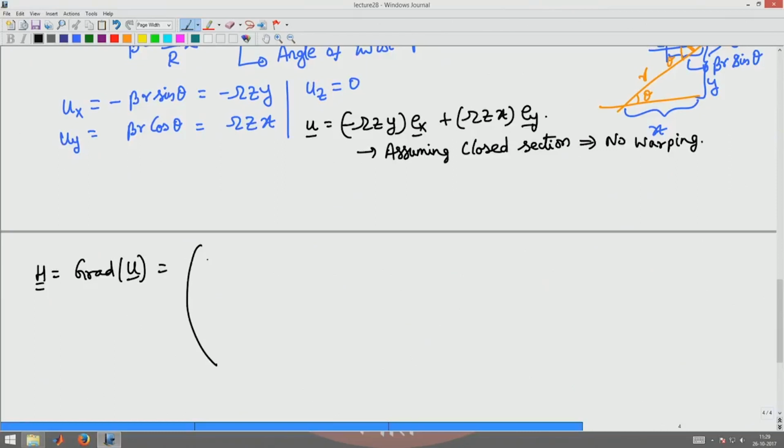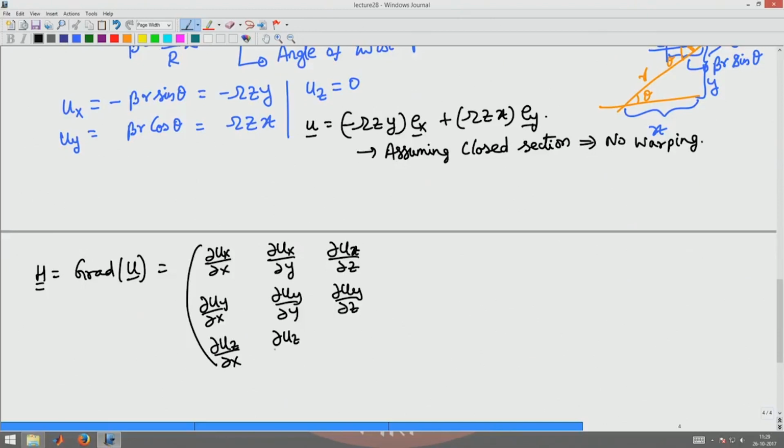So this will be dou ux by dou x, dou ux by dou y, dou ux by dou z, dou uy by dou x, dou uy by dou y, dou uy by dou z, dou uz by dou x, dou uz by dou y, dou uz by dou z.